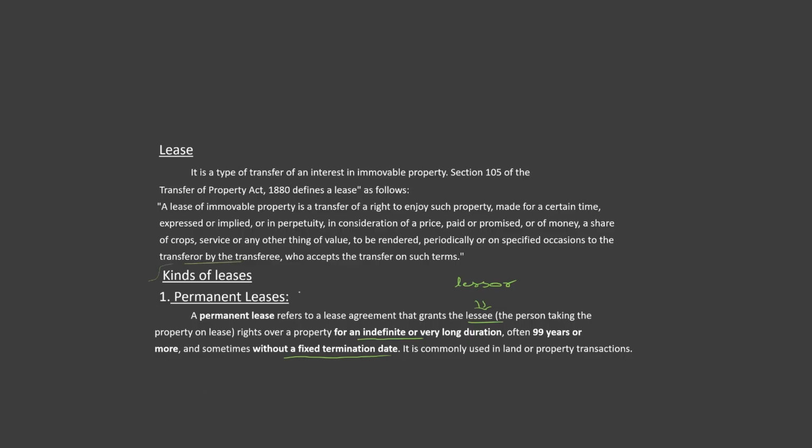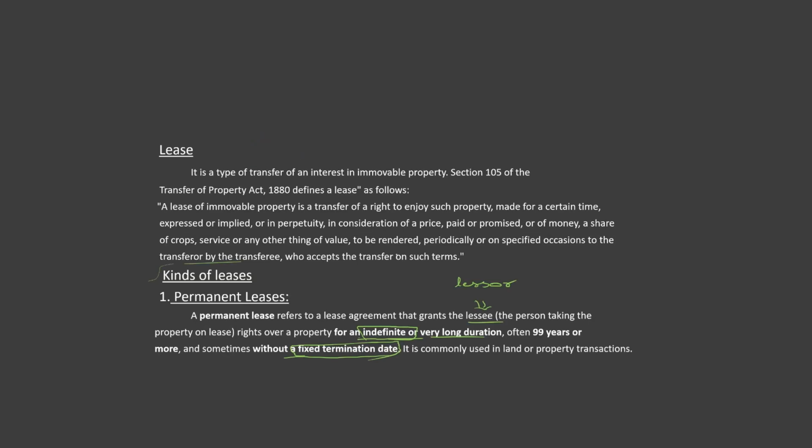So, what is meant by a permanent lease? It is a lease, that means transfer of enjoyment of right on an immovable property. The extent of such lease could be indefinite, that means no time limit, or without any fixed determination of date, or it could be for a very long duration. So this kind of lease is called a permanent lease.